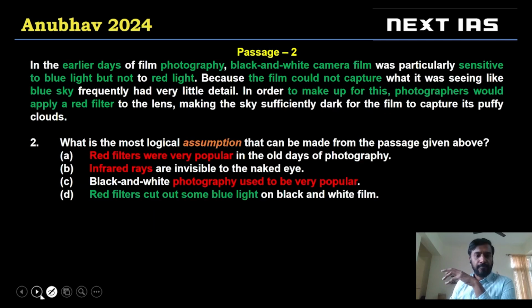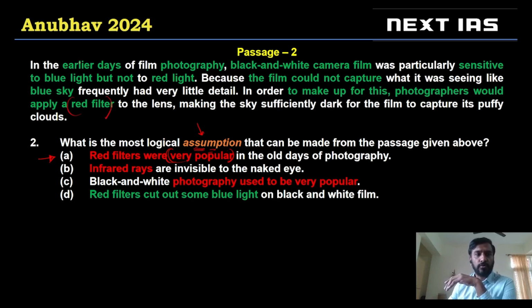All right, let's look at the question here. We are being tested on assumptions. What is the most logical assumption that can be made from the passage? All right, so let's look at option A. Red filters were very popular in the old days of photography. If you notice, we can't really determine whether it's very popular or not. We don't find any evidence to suggest the popularity of red filters.